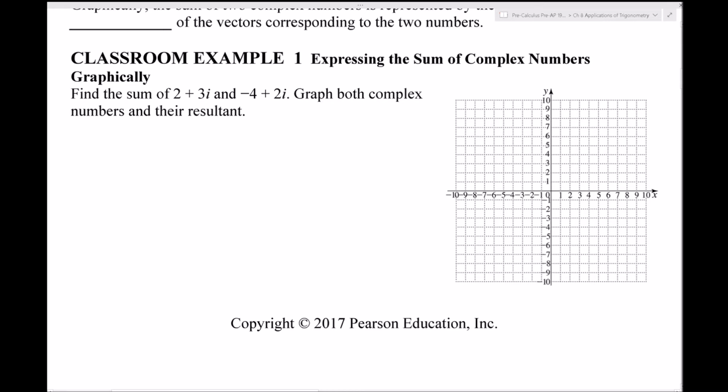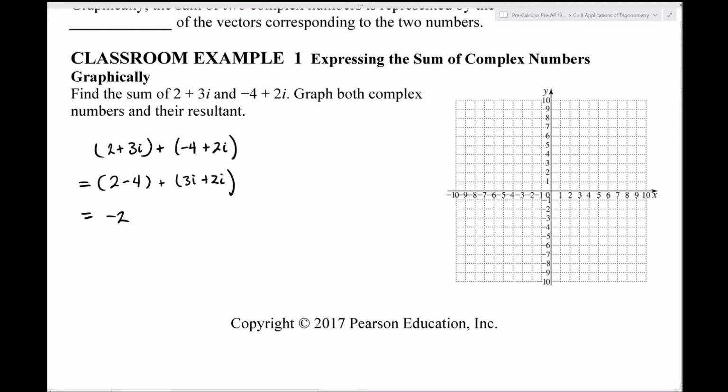So either way, you're adding 2 plus 3i with negative 4 plus 2i. We think of these as polynomials. You think of i as a variable, and you combine like terms. So 2 minus 4 plus 3i plus 2i.